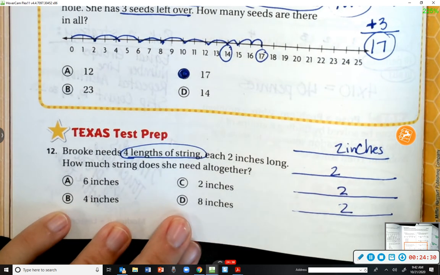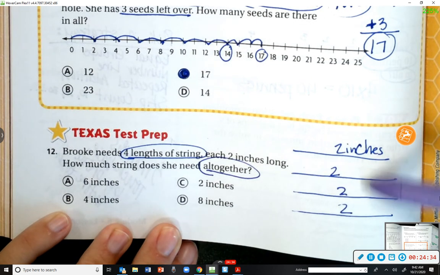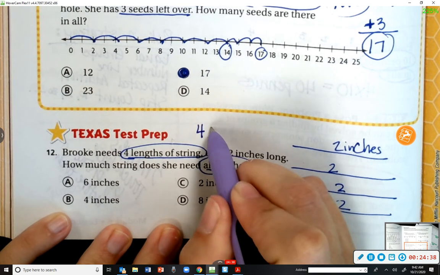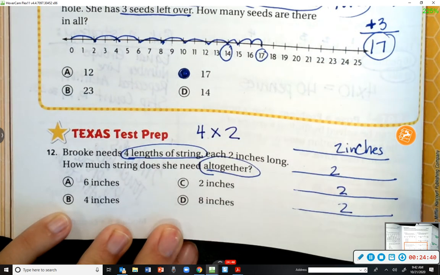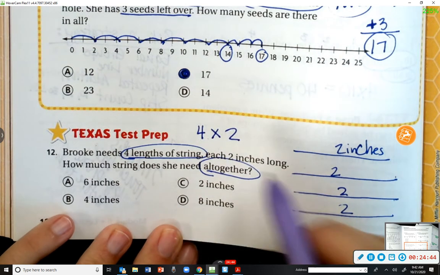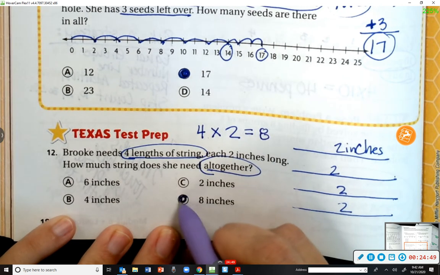Okay, so how many inches of string does she need all together? So we have to add up all of these, or that's the same as doing 4 groups of 2, because I have 4 strings, 2 in each string. Okay, so 4 times 2, you should have gotten 8. D is your final answer.